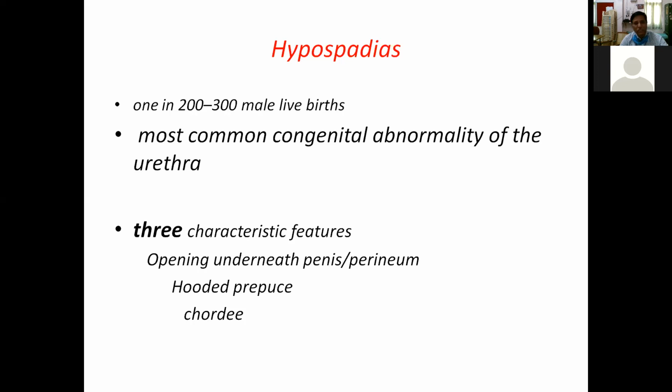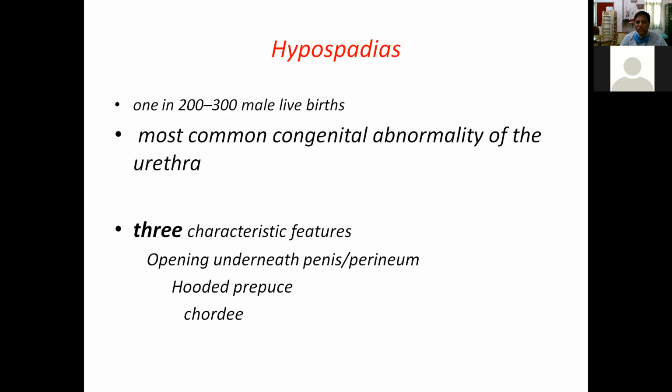Most common congenital abnormality. The three characteristic features of hypospadias are, first, opening underneath the penis or perineum, so a ventrally placed external urinary meatus. It will be underneath the penile shaft, or on the scrotum, or on the perineum also.